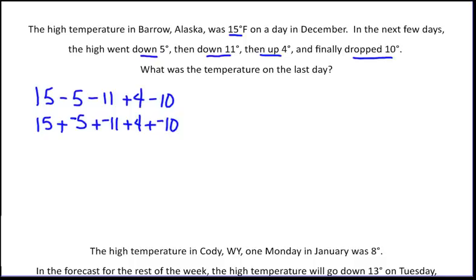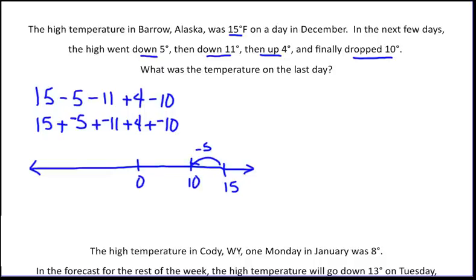Let's take a visual look at this problem with a number line. I'm starting at 15. Next, I'm either going to subtract 5 or add a negative 5, which means that I'm going to the left 5, putting me at a value of 10.